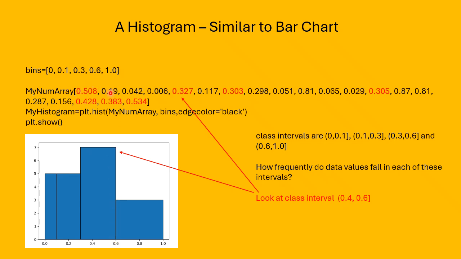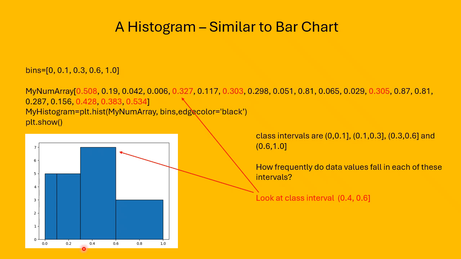So if we go through this list and find all of the values in my num array that are within this little range, they're illustrated here in red. 0.508 is between 0.3 and 0.6. So is 0.327, 0.303, 0.306, 0.428, 0.383, and 0.534.